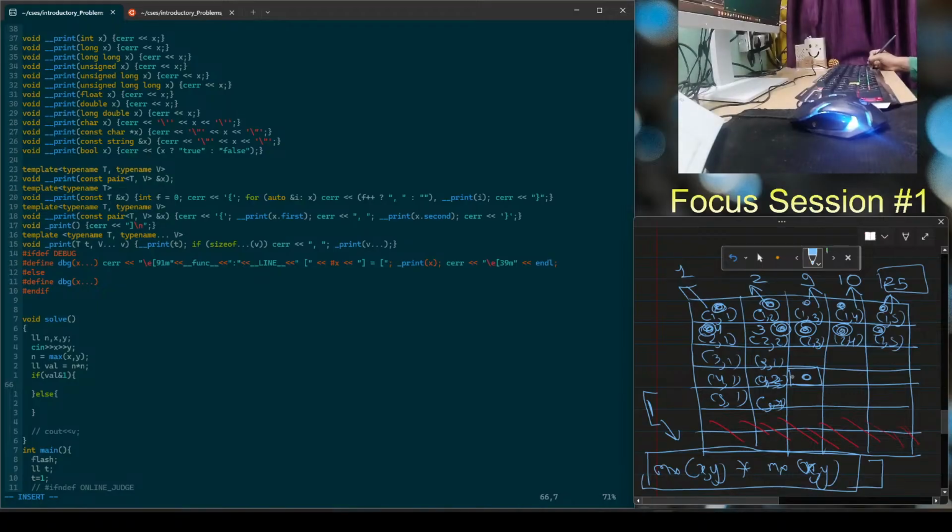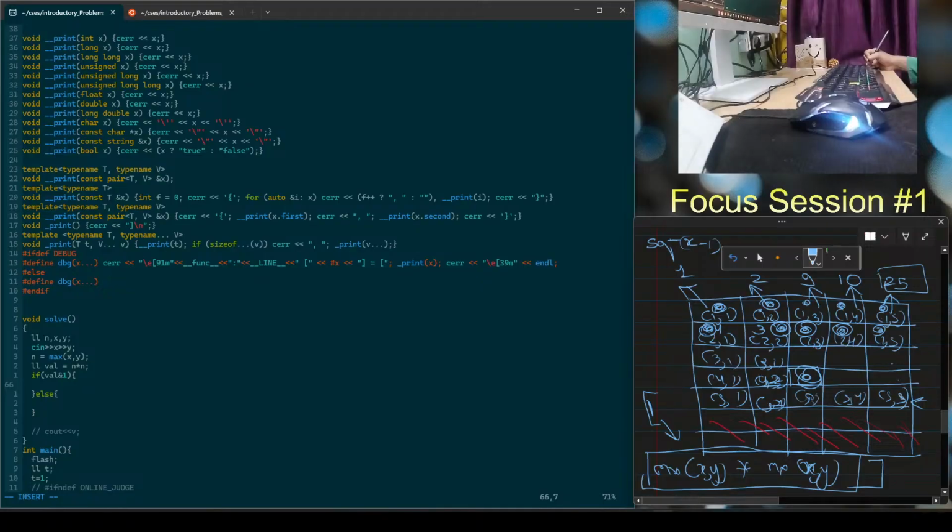Like suppose it gave me 4 comma 3, so it will be 25 and 5 1, 5 2, 5 3, 5 4, 5 5. If it was 5 comma 5, the value will be 25 minus 4, 21. So I can say that value will be square minus x minus 1, considering x equal y.